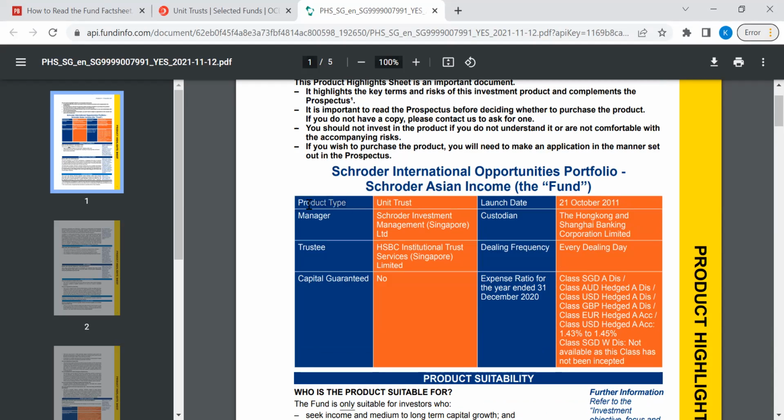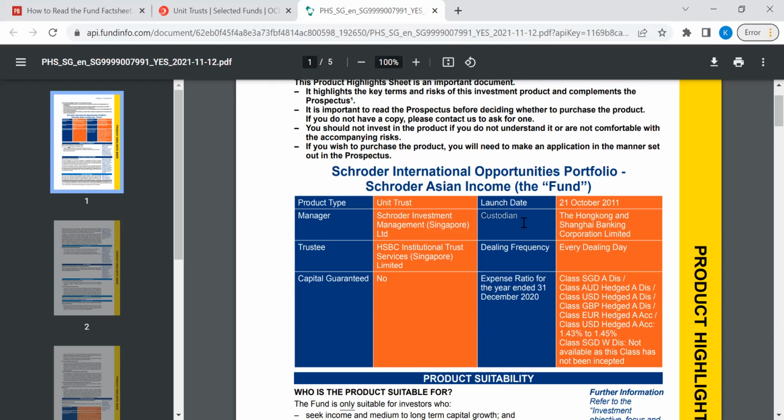Okay, then the details. Product type, unit trust. Launch date, 21st October 2011. So this is basically the history of the launch date. Manager. Who is managing the fund? Schroder Investment Management Singapore Limited. Custodian, the Hong Kong and Shanghai Banking Corporation Limited, HSBC.